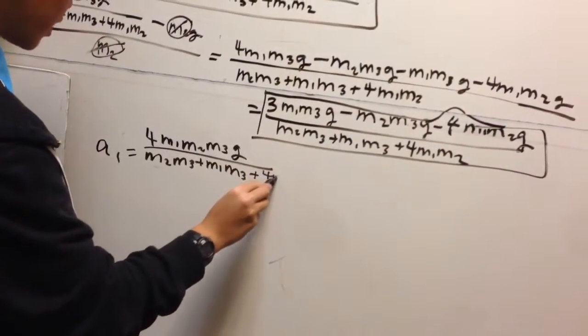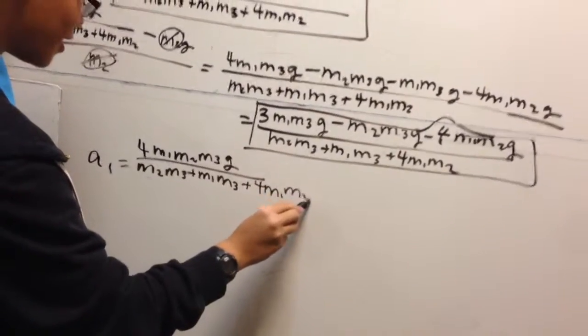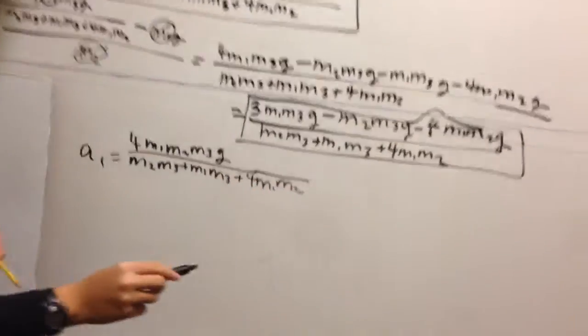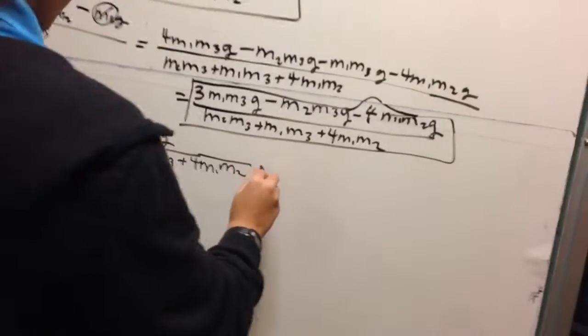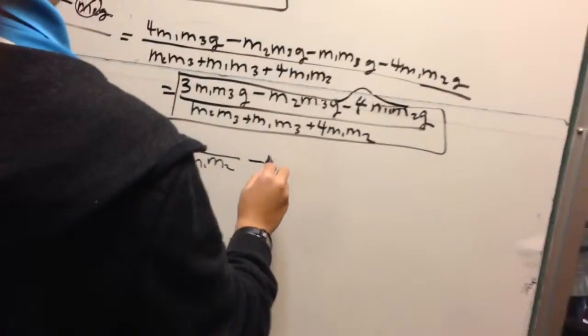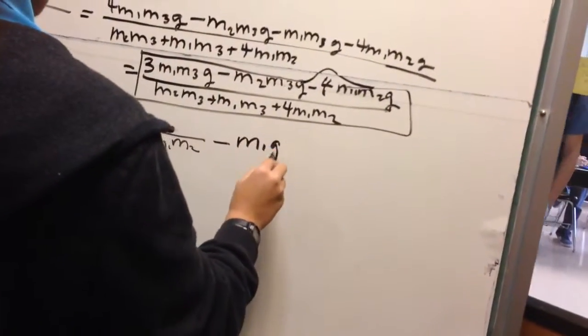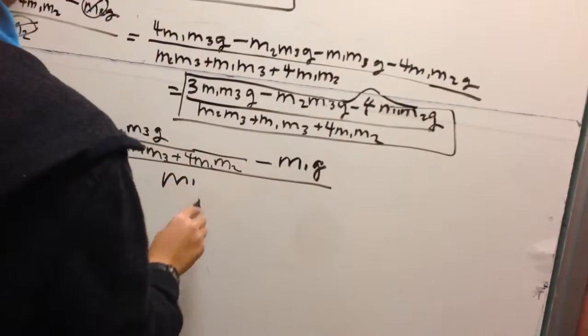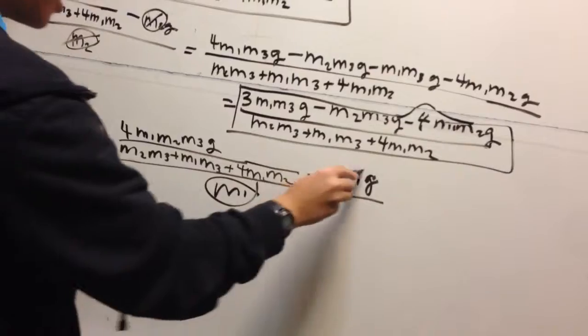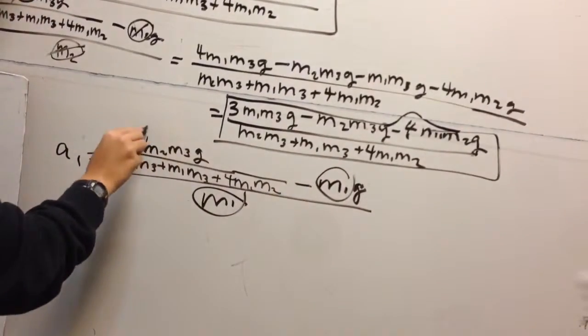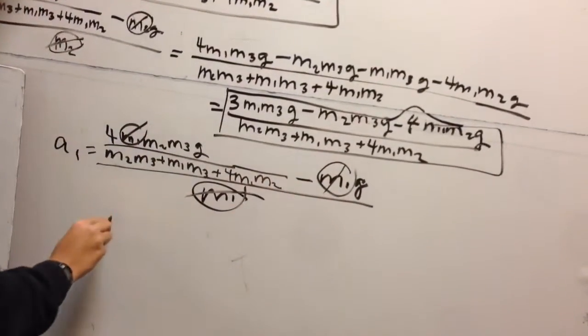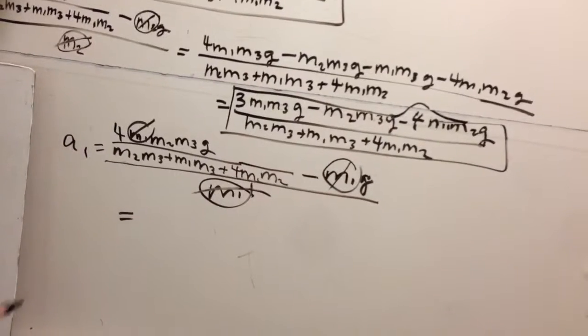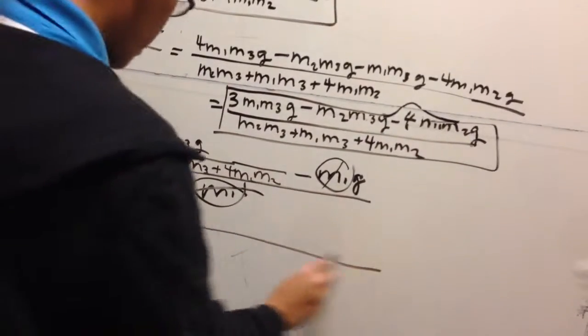I feel like you get carpal tunnel syndrome by doing these problems. Minus M1 g all over M1. Okay, and the trick again, M1 in the bottom, M1 in the top, cancel, cancel, boom, boom. Okay, so now we have a fraction minus g, so we're going to put a common denominator.